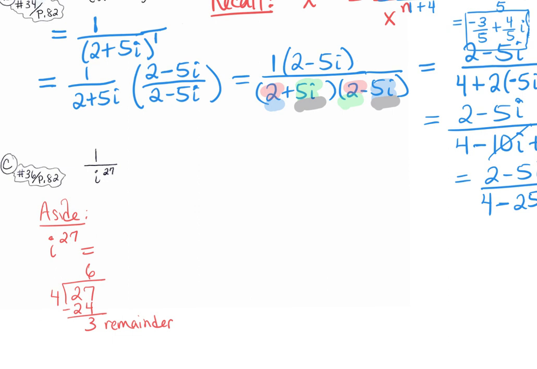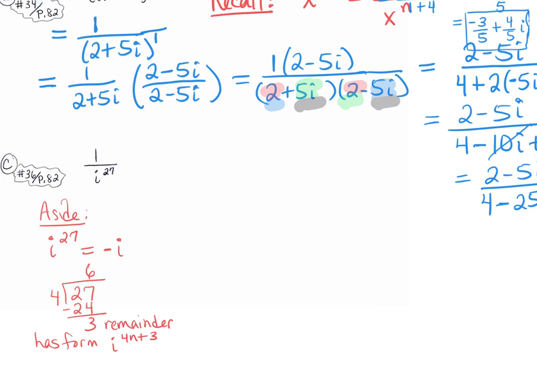Very good, i to the 4n plus 3. And i to the 4n plus 3 is the same as what? i to the third, good, which is negative i. So we get i to the 27th is negative i.